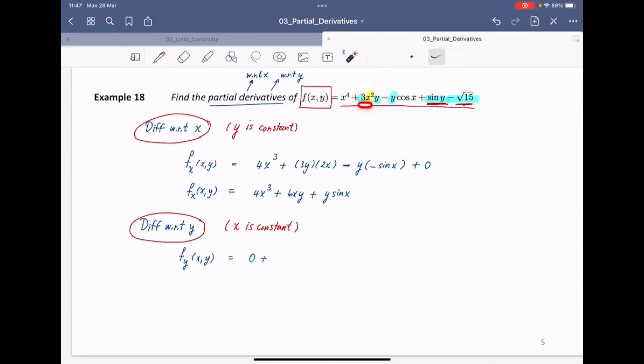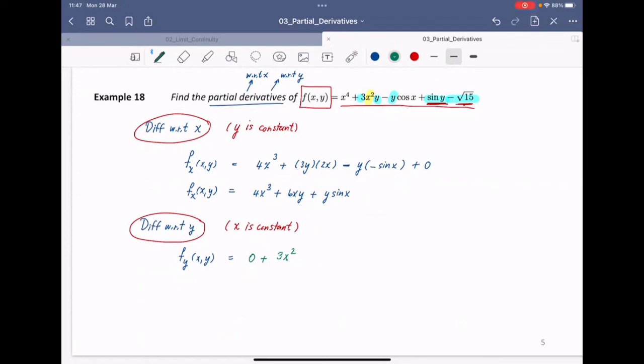Now the next one, 3xy squared. x is a constant, so 3x squared are all constant. The only term that you need to differentiate is y. So you differentiate 3x squared y, what would you get? 3x squared. If you differentiate 5y with respect to y, you get 5. You differentiate negative 7y, you get negative 7.